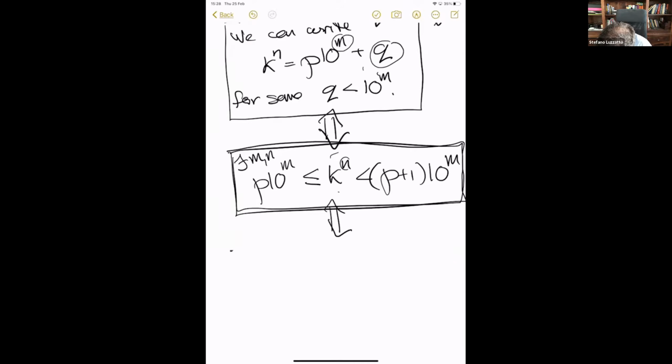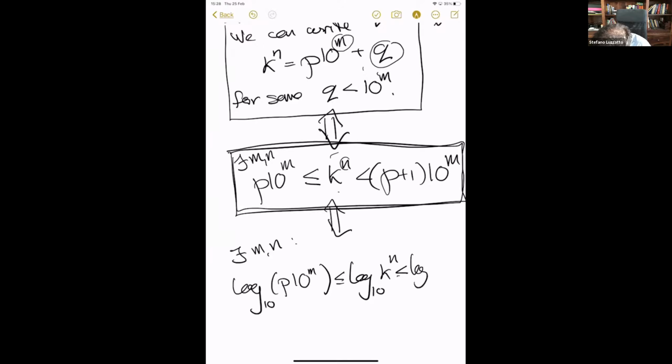This is equivalent to saying that there exist M and N such that log base 10 of P times 10 to the M is less than or equal to log base 10 of K to the N, which is less than log base 10 of P plus 1 times 10 to the M.